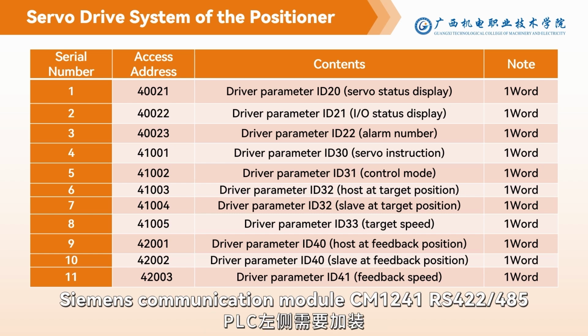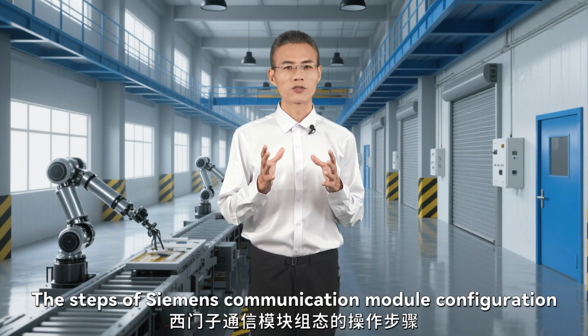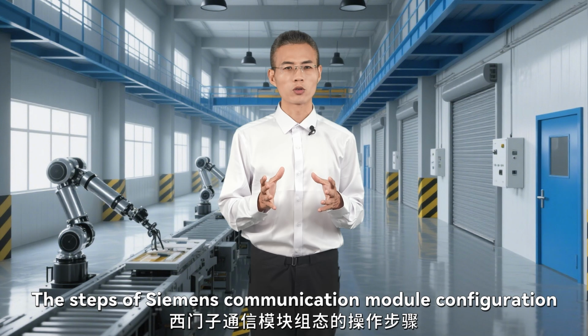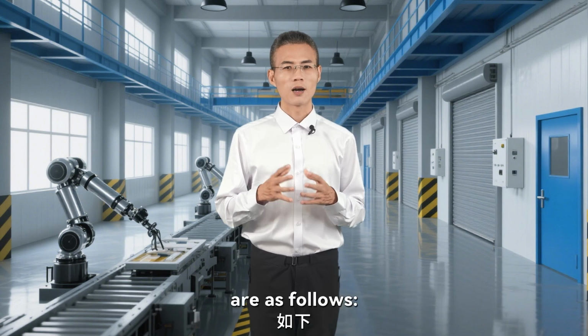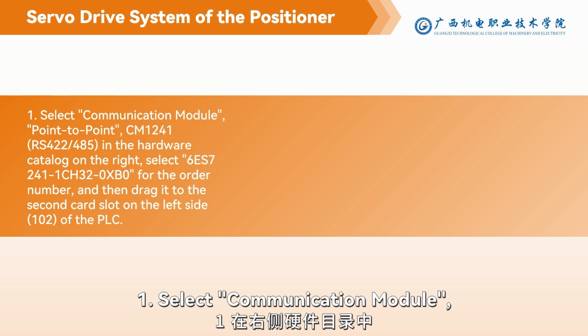Siemens communication mode. Communication module CM1241 RS422/485 needs to be installed on the left side of the PLC. The steps of Siemens communication module configuration are as follows. 1.